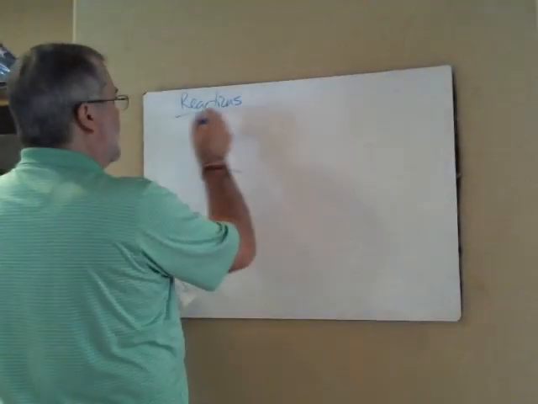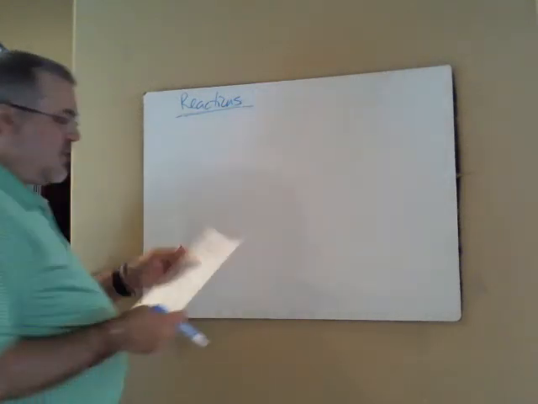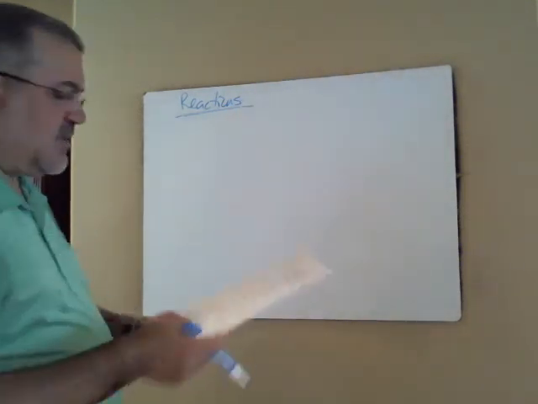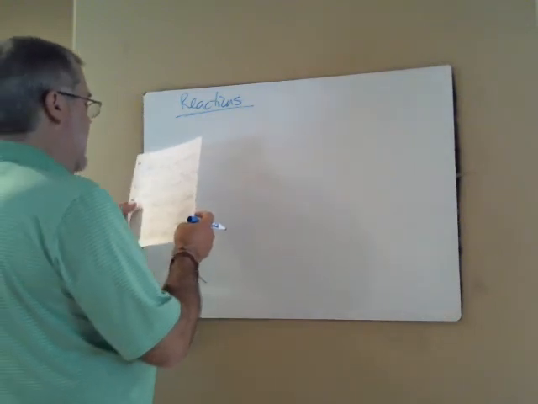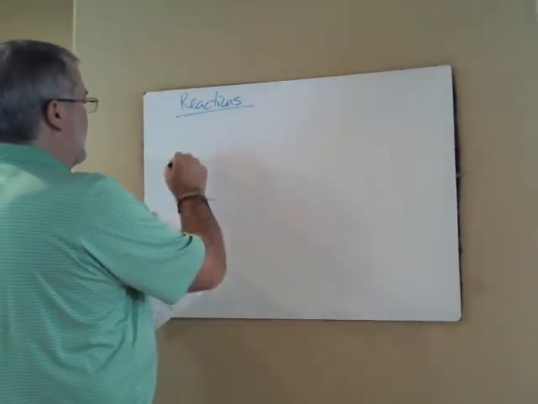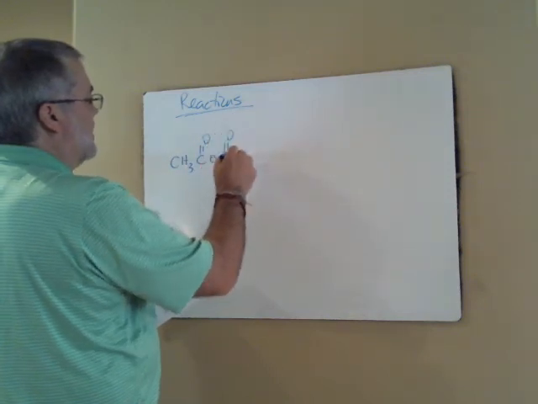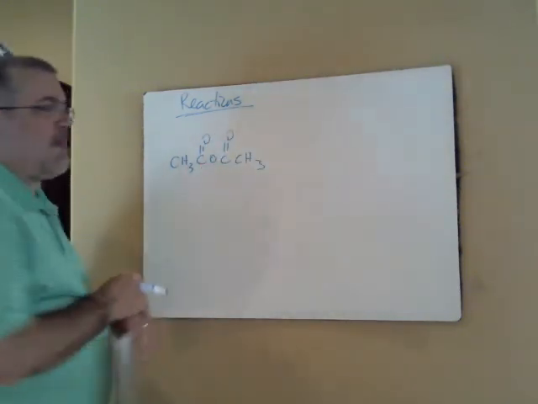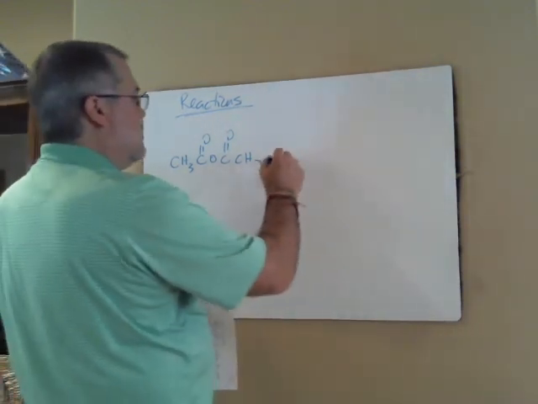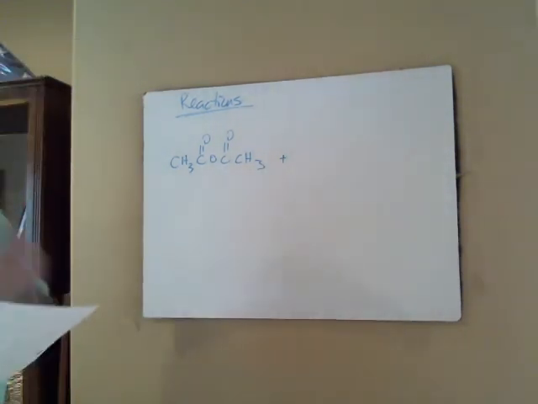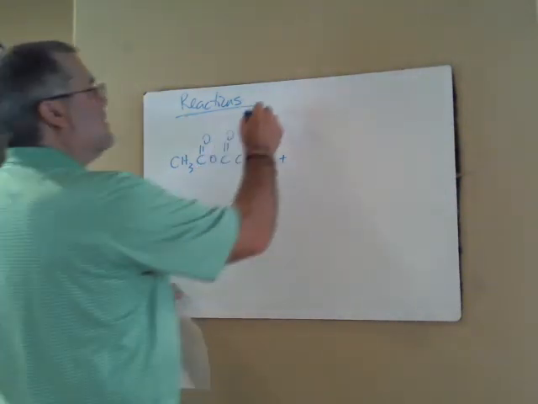Well, just like we saw with acid chlorides, these are going to be nucleophilic acyl substitution reactions, right? And so if you take an acid anhydride, and I'll just use a simple example, the acetic anhydride, and we react it with a nucleophile. Well, let's start with amines.